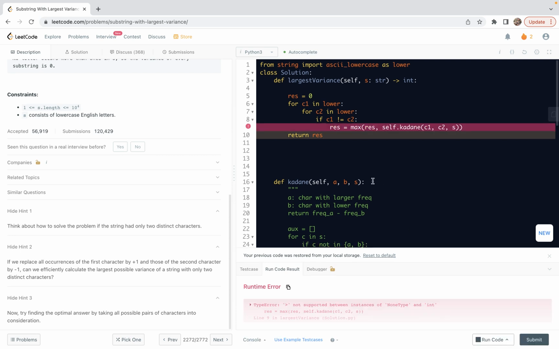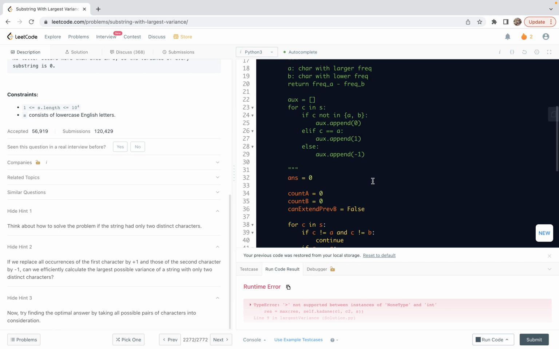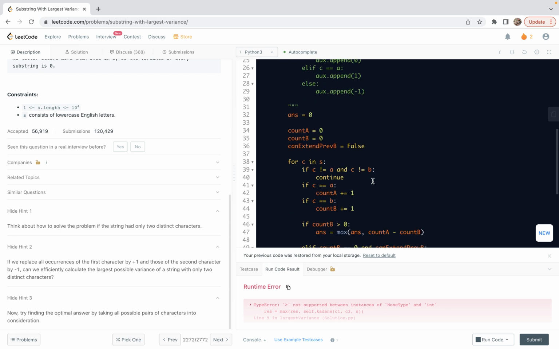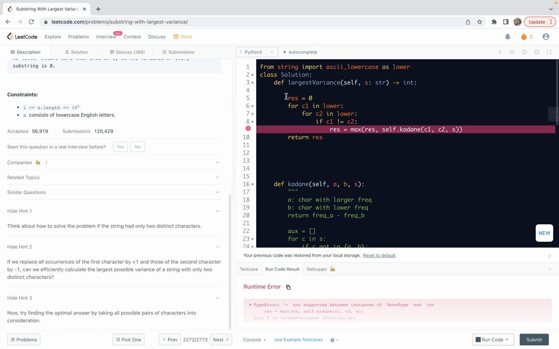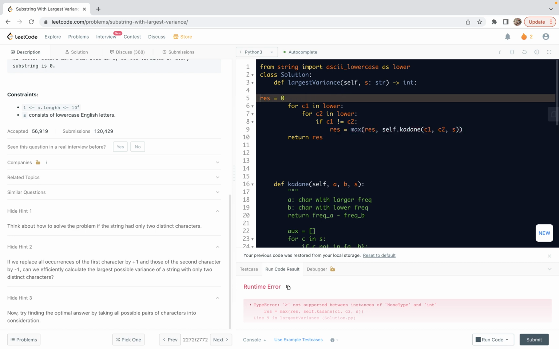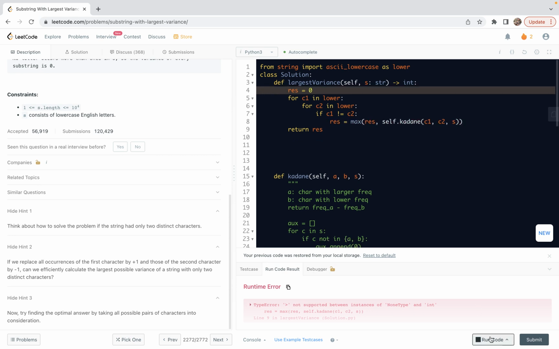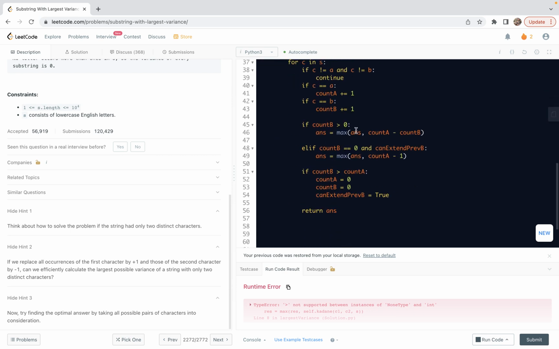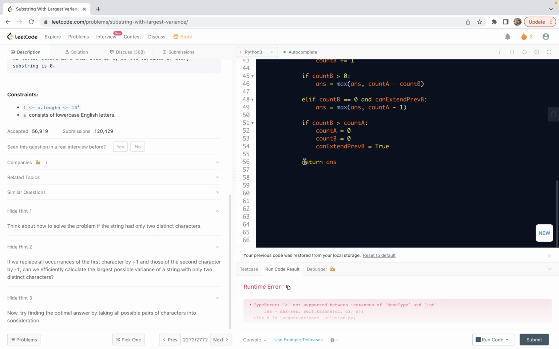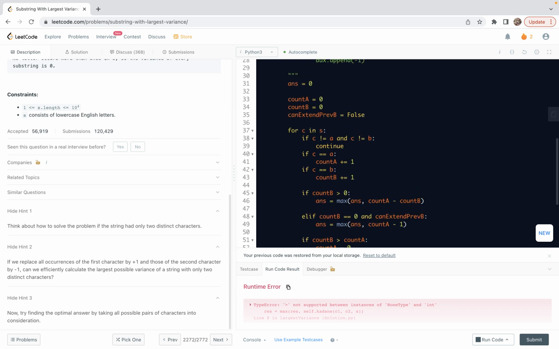So here it is still not supported. I see. Let me check. Oh, here the return. I guess that's the problem.